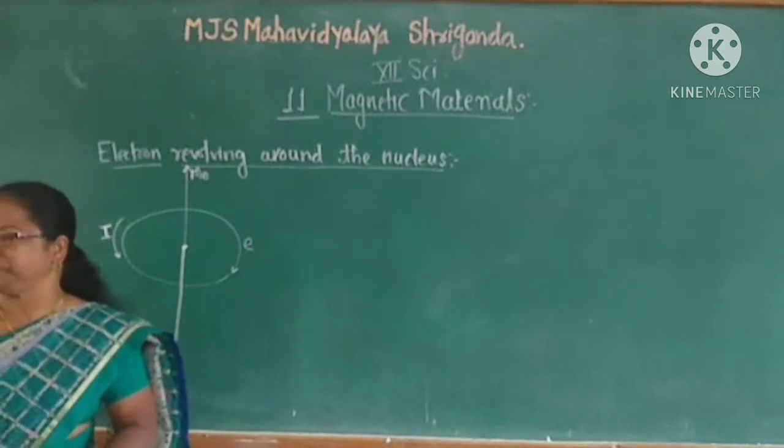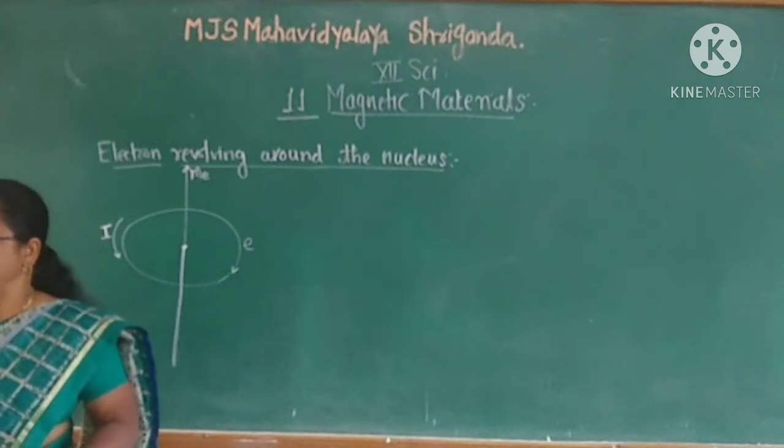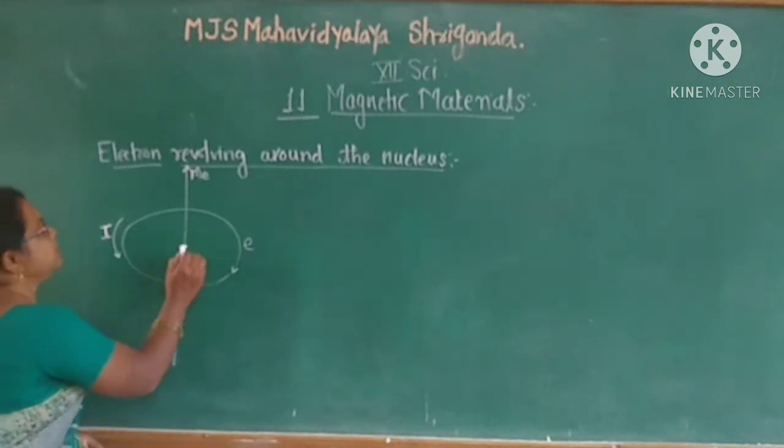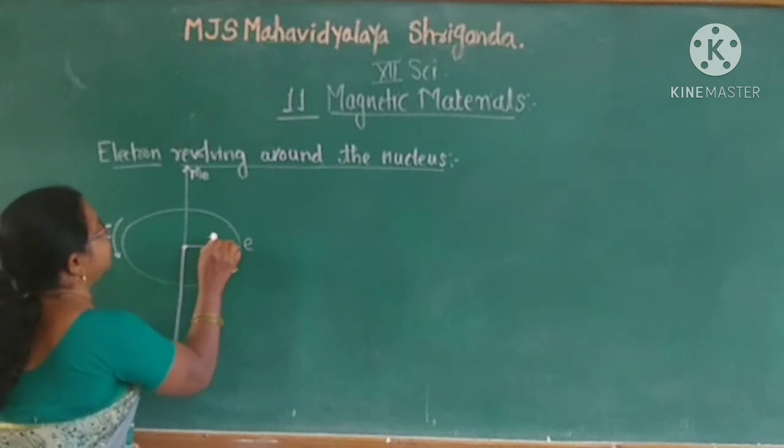Then in this case, suppose this is its radius r bar.